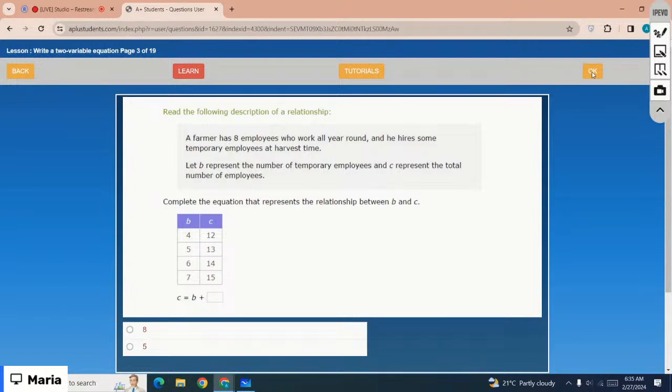A farmer has 8 employees who work all year round, and he hires some temporary employees at harvest time. Let B represent the number of temporary employees and C represent the total number of employees. So, which is the correct option?